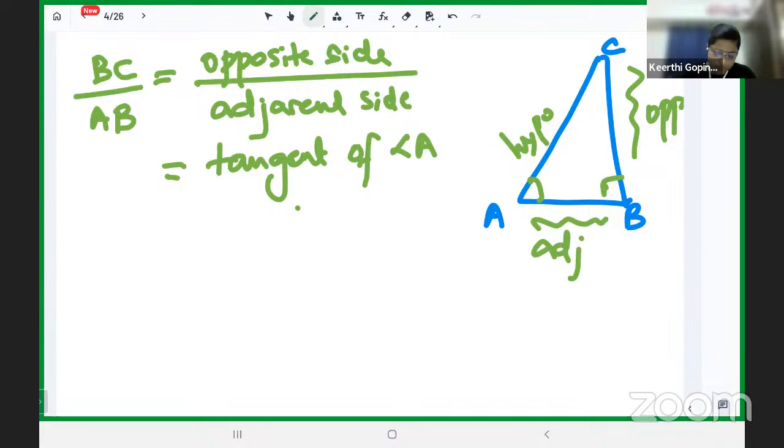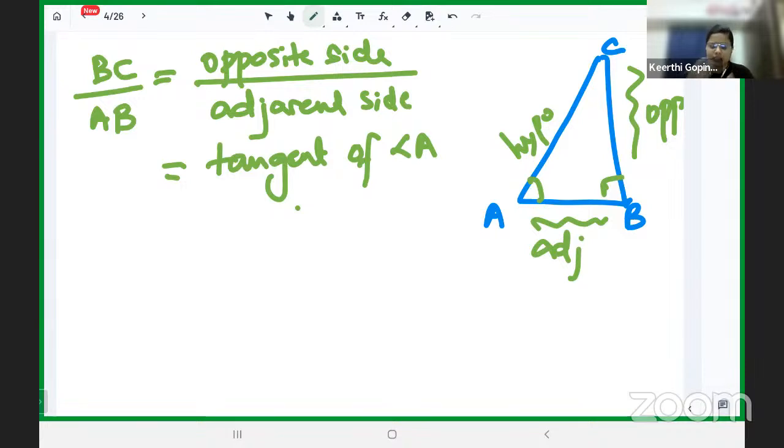We have defined sine of angle A, cosine of angle A, and now tangent of angle A.